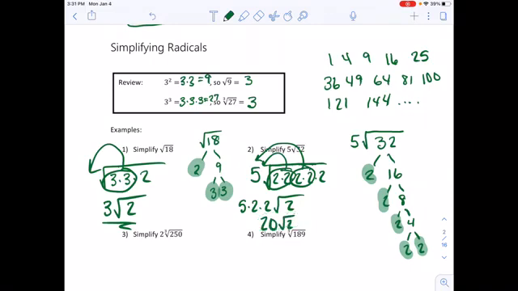So once I simplify it out and multiply by the 5 that was originally out front, I end up getting 20 root 2.